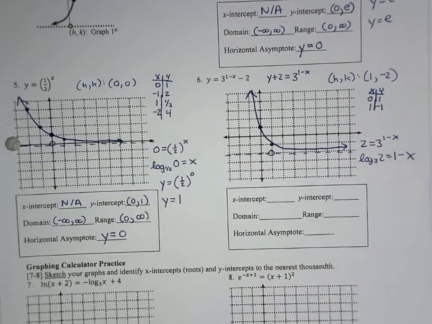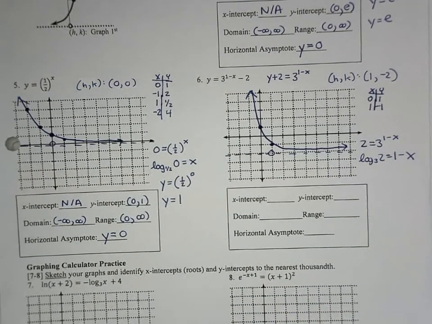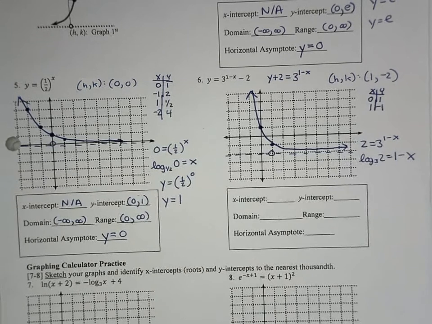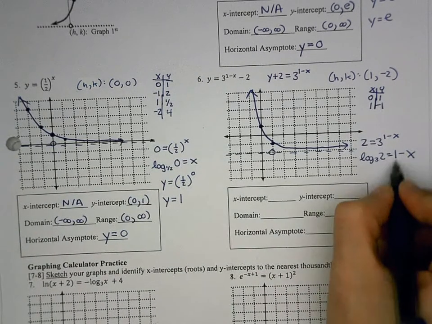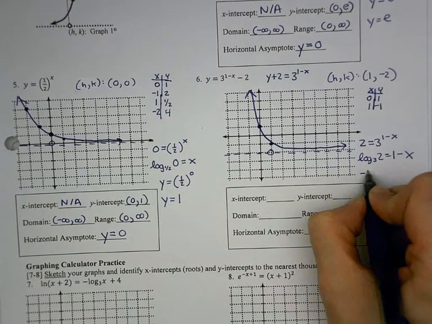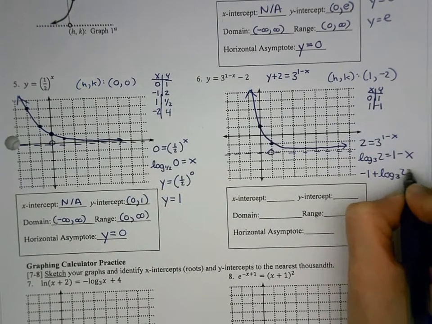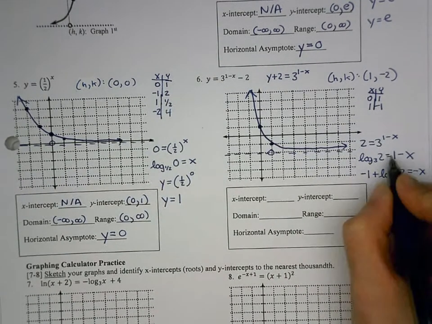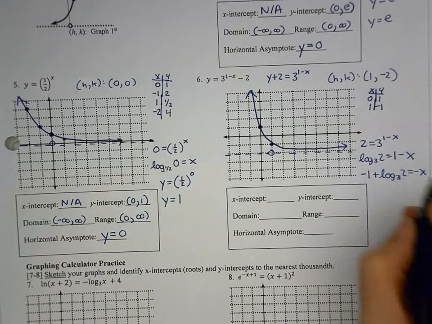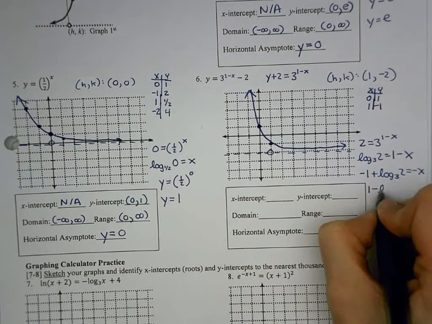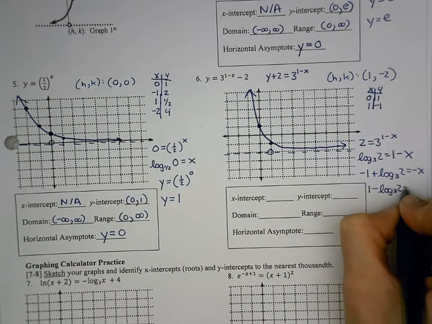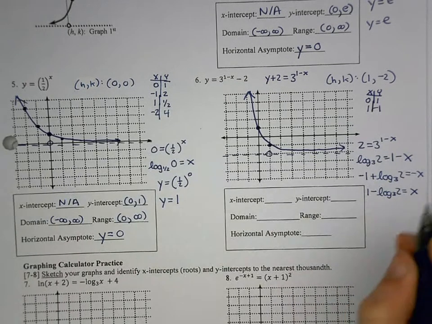I have no idea what log base 3 of 2 is, but I know I can subtract the 1 over. So negative 1, or log base 3 of 2 minus 1 if you prefer writing that. And then dividing by the negative, we'd have 1 minus log base 3 of 2, which is your x-intercept there.